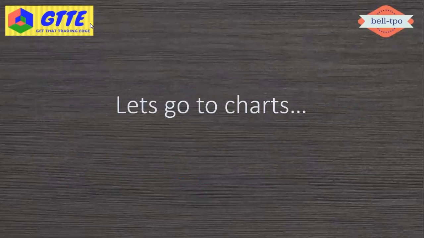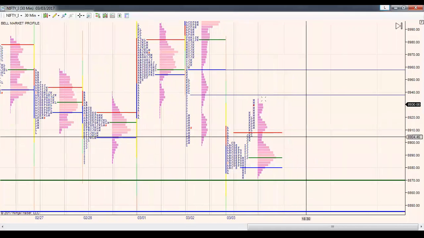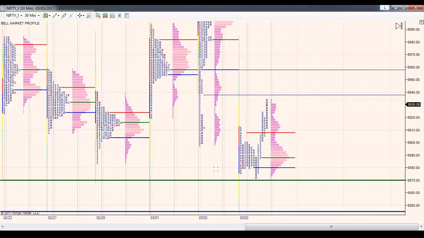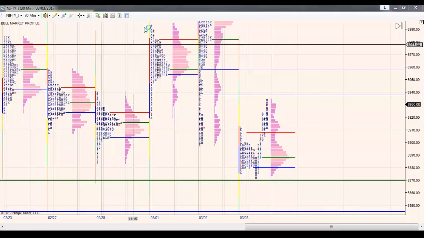Let's go to charts. This is the chart for Nifty. This is today's development, and in yesterday's report I mentioned that if we open below this spike low and immediately get some continuation lower, there is a chance that we will test lower references.